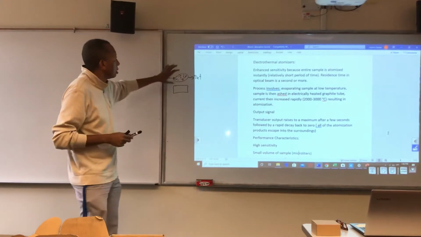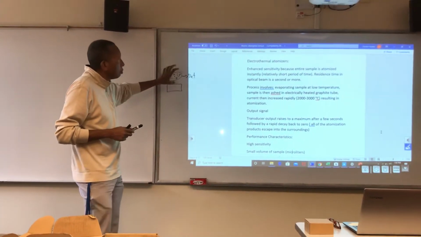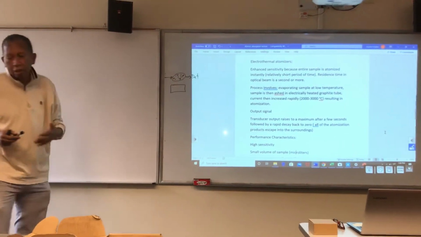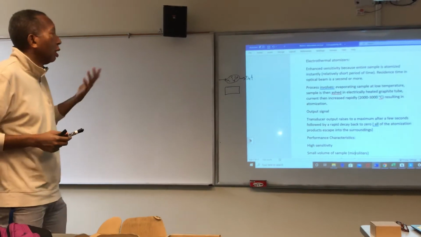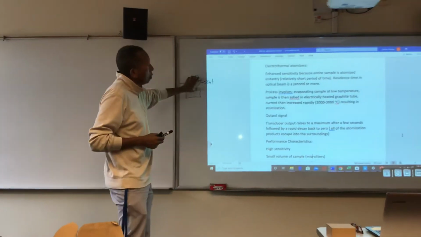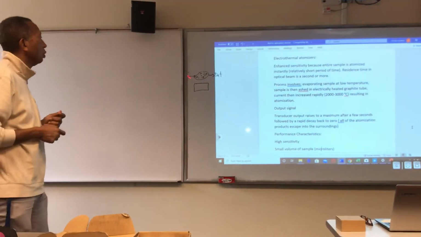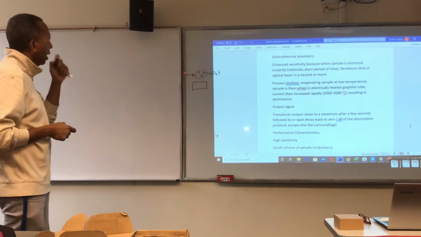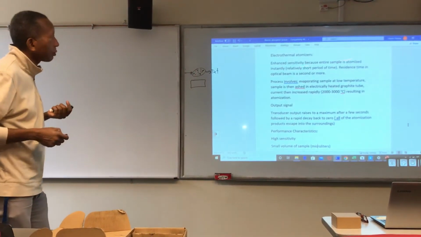It might be a second, might be a little more than a second, but compare that with the sample that's aspirating through the flame as a liquid, when we said it's like 10 to the minus 4 seconds or something. So that we get a longer time for interaction between the sample and the source radiation.